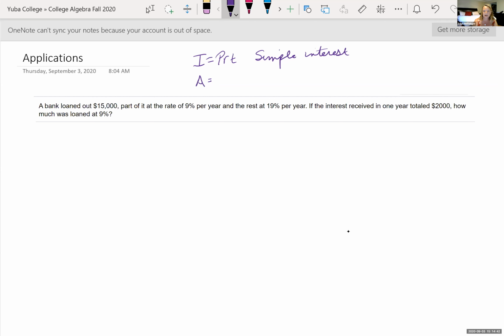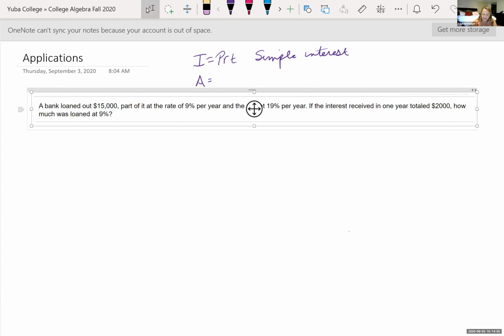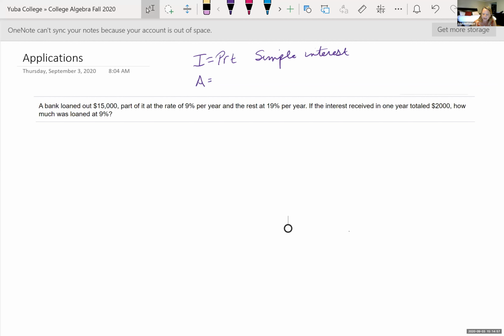If we are trying to figure out the amount that we owe because we borrowed some after a certain amount of time, or how much money we're gaining because we invested, this amount is equal to P, the principal, how much that you've added into the account or borrowed, all times 1 plus, well, it depends.